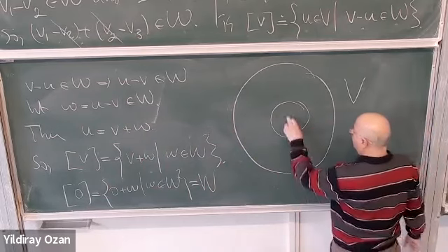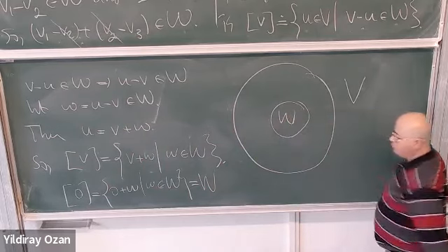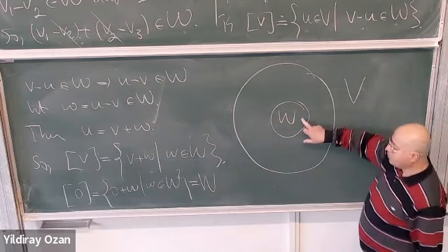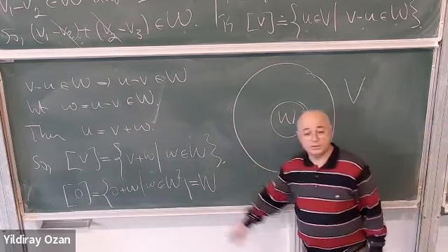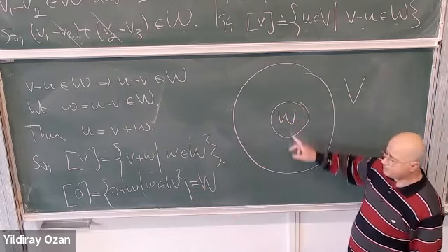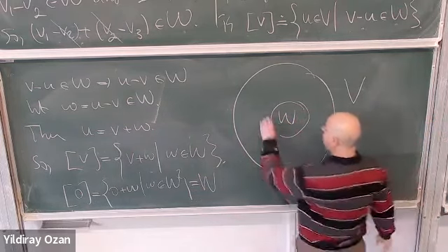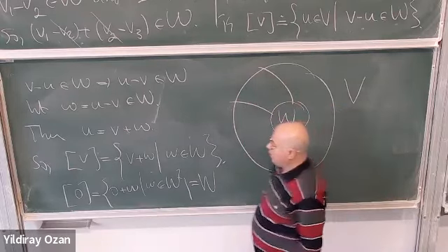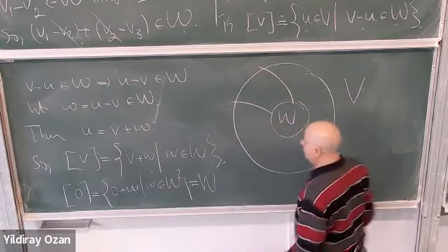So one of the equivalence classes is W. It is the equivalence class represented by 0. And then we have the equivalence class represented by some vector v1.